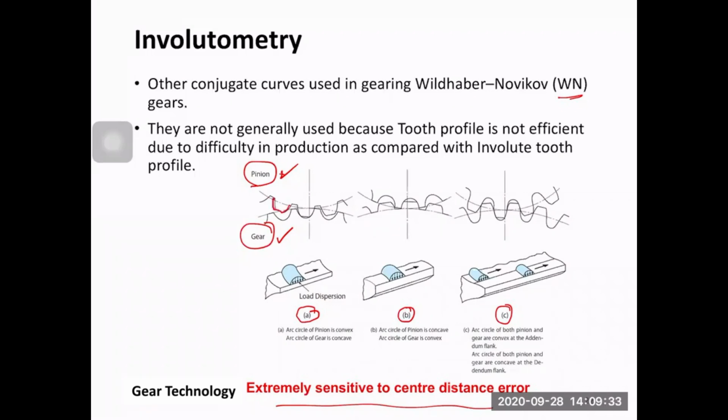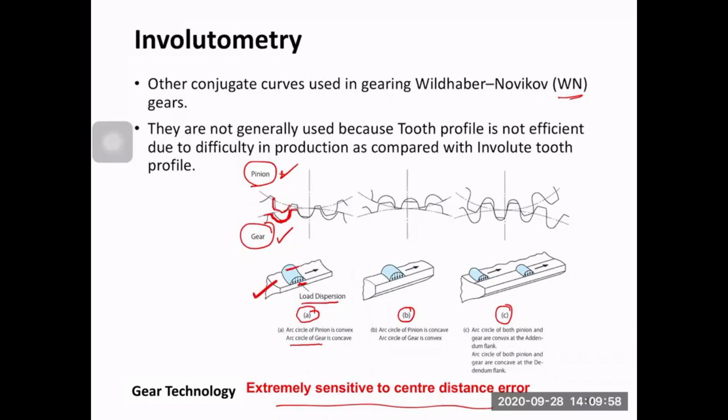This convex and concave shape engage together, okay? And if you take the tooth of the gear, it shows the load distribution between the tip of the tooth and the root of the tooth, okay?